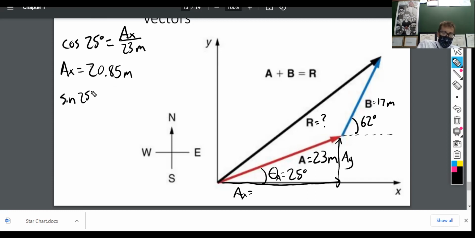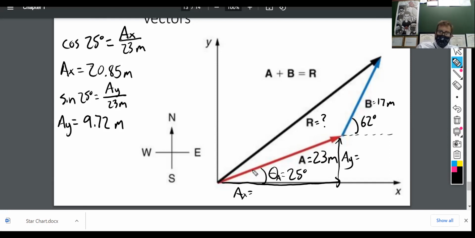So the sine of 25 degrees equals opposite over hypotenuse. And now I can solve for the y component of vector A as 23 meters times the sine of 25, right? Just multiply both sides by 23. So the sine of 25 is 0.4226 times 23, and I realize that I'm going up 9.72 meters.